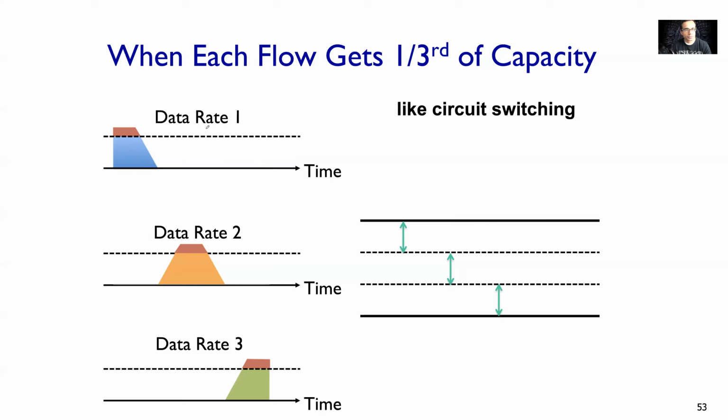If you divide this up into three, you won't actually be able to fit all three flows. So with circuit switching, you could only fit two of these flows on this link, because three wouldn't fit.